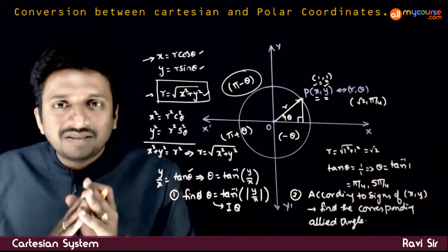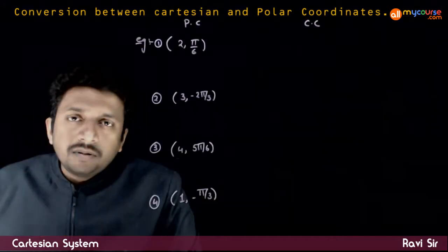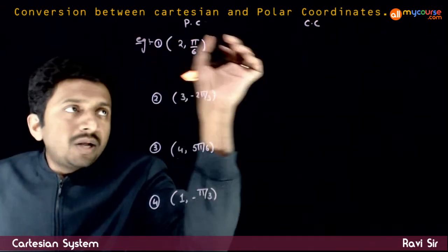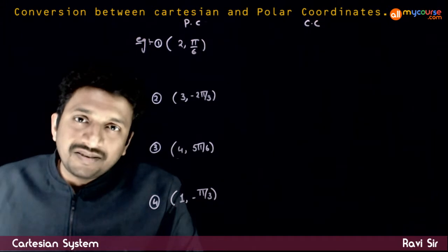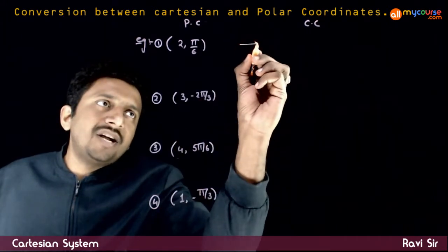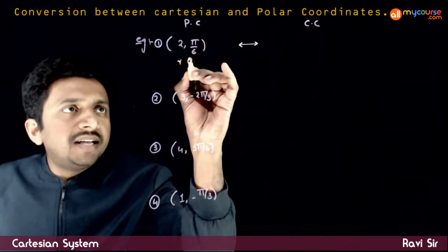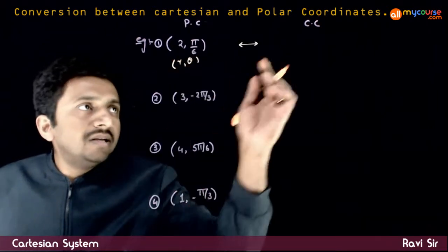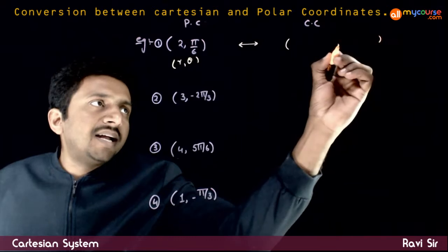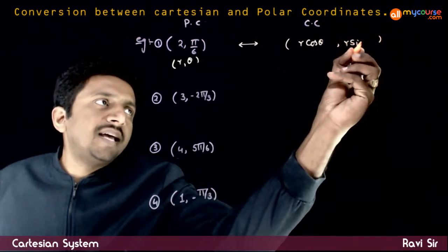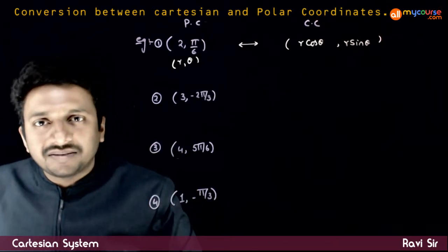Now let us see some standard examples. In the first set of examples, let us convert from polar coordinates to Cartesian coordinates. This is a very straightforward conversion, as we have seen. So r and theta are given to you. The x and y coordinates are nothing but r cos theta comma r sin theta. As simple as this.